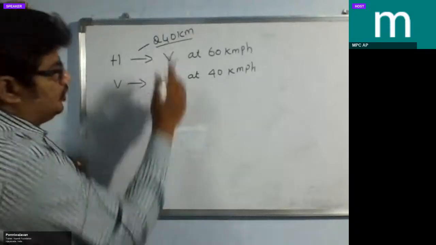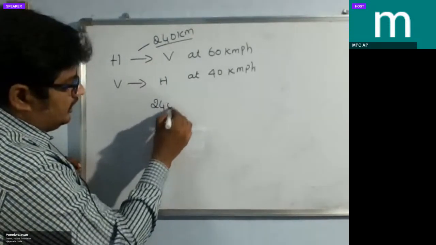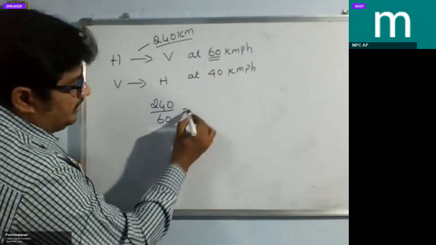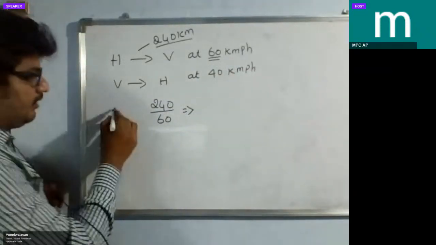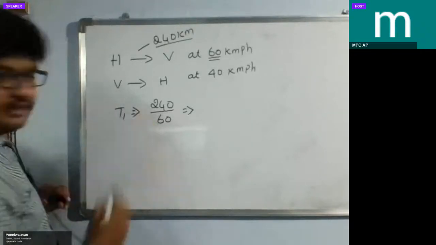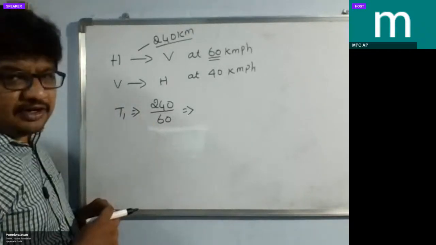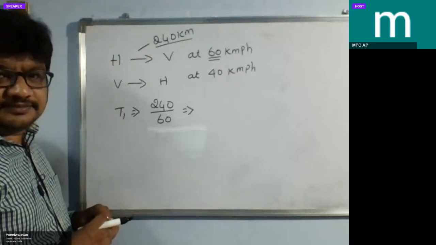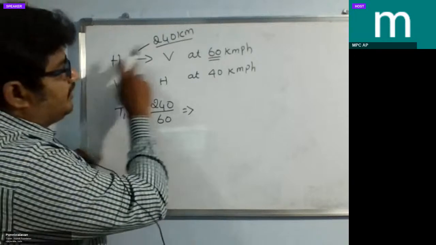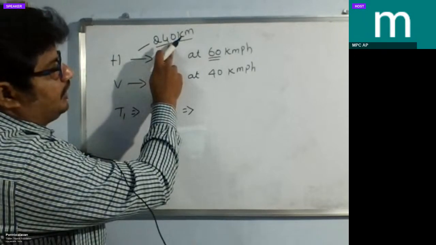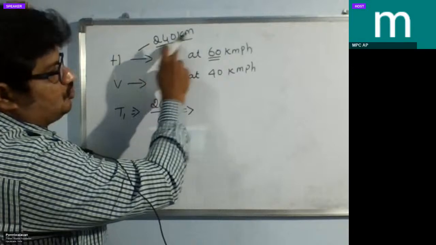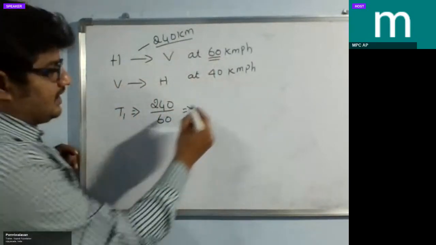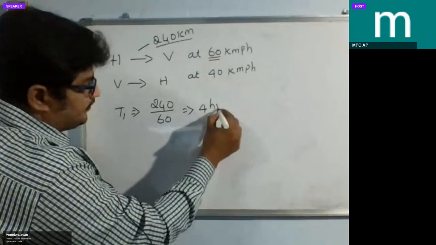When we are traveling at 60 km per hour, what is the time taken for our upward journey from Hyderabad to Vizag? Total distance is 240 km and our speed is 60 km per hour. It is 4 hours.